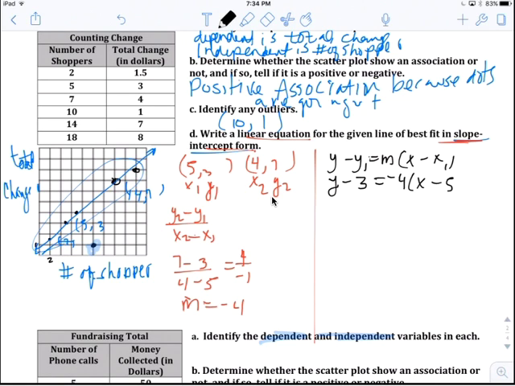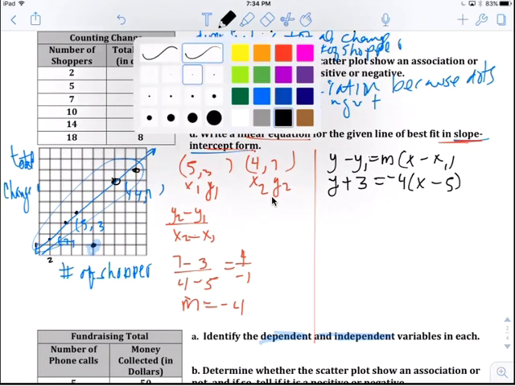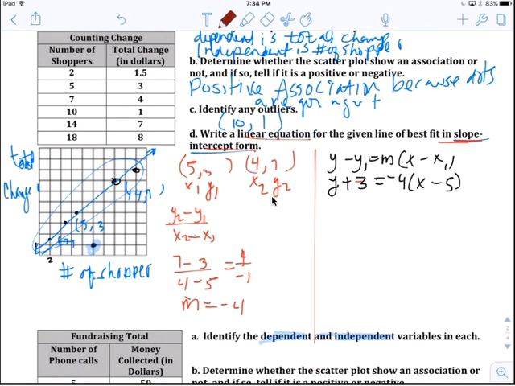X1 is 5. Additive inverse, that means plus a negative. Y plus a negative 3 equals 2. Distribute negative 4x, distribute positive 20. And then you add 3, add 3.